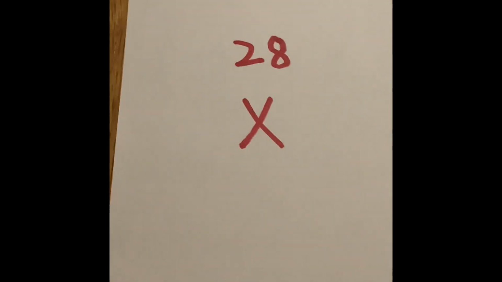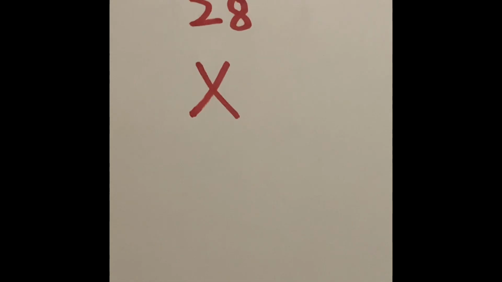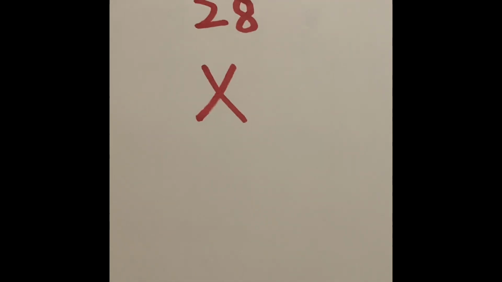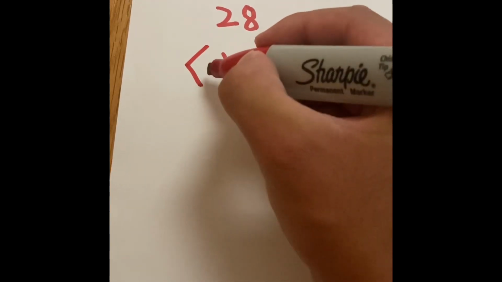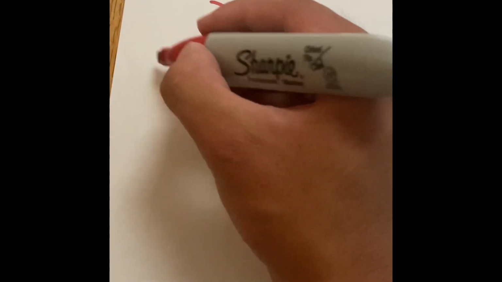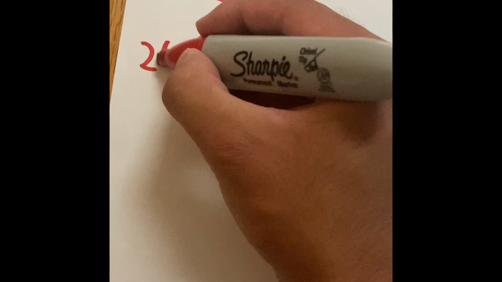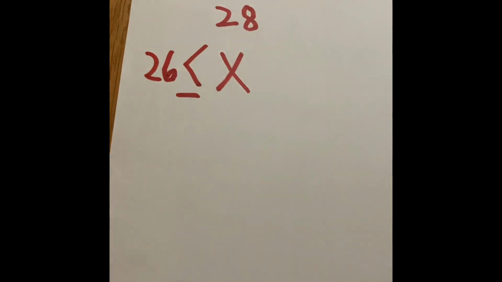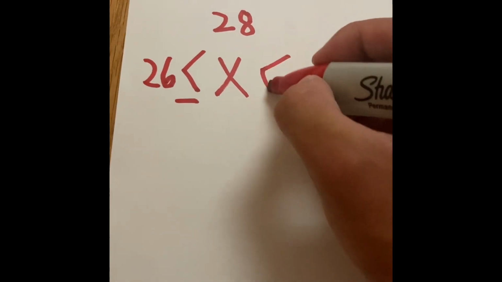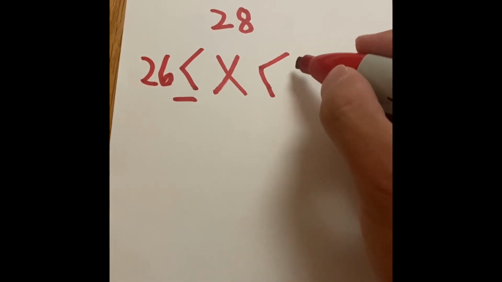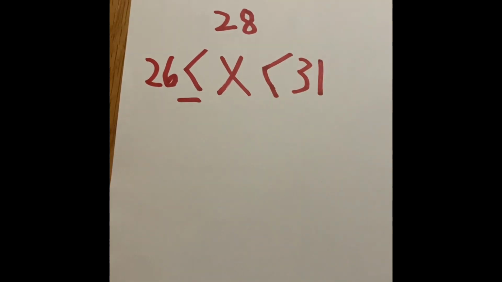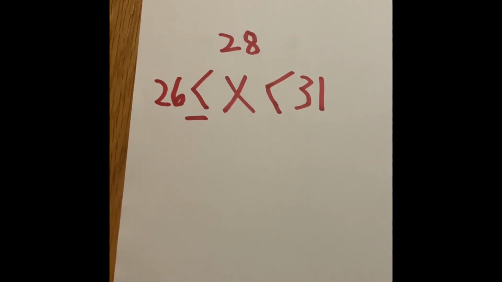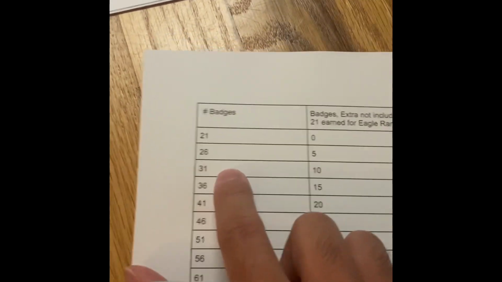So let's make an equation. If 28 represented X, then we're going to say that X has to be greater or equal to 26, because that's our lower boundary. However, X is going to have to be less than 31. The reason why we did that is because 28 is in the middle of 26 and 31.